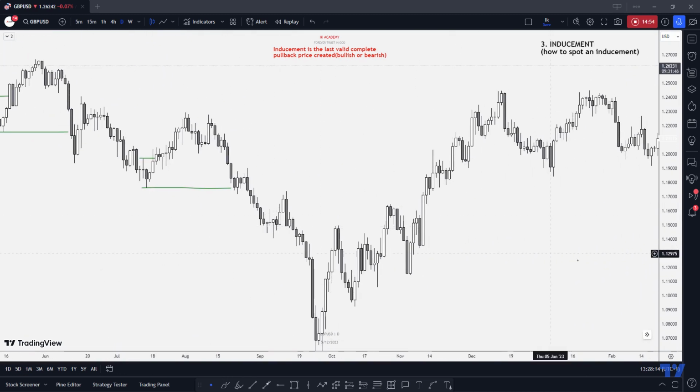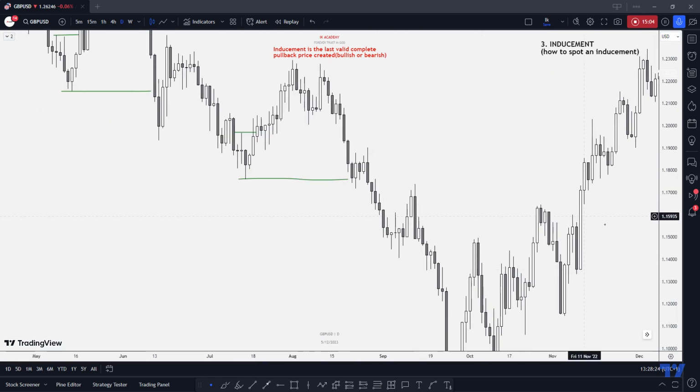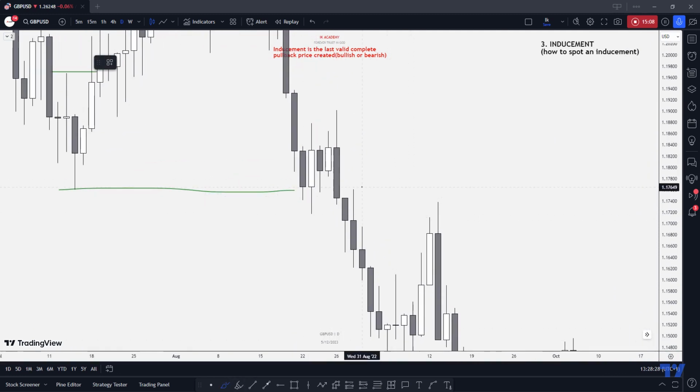So we have price creating this pullback here. Price did not take it out. I love this. A lot of people will miss this. They wouldn't pick this kind of structure as a pullback. But I am telling you now, based on our system, this is a valid pullback.